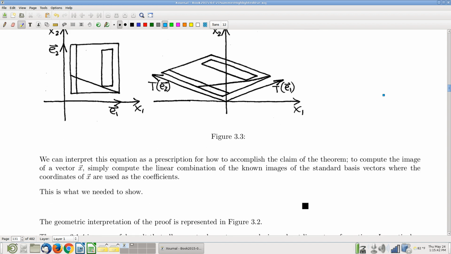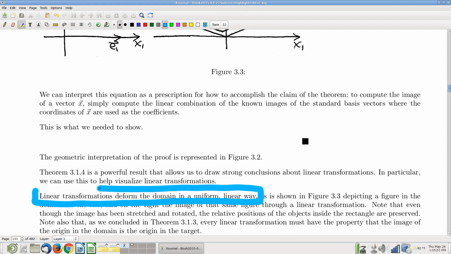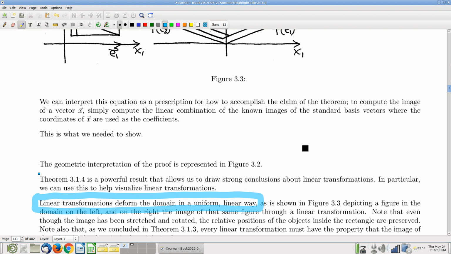Alrighty. Here's a different way to think about linear transformations. I'm not going to prove this assertion here, but it is not terribly hard to prove. Linear transformations deform the domain in a uniform, linear way. Here's what I mean by that.